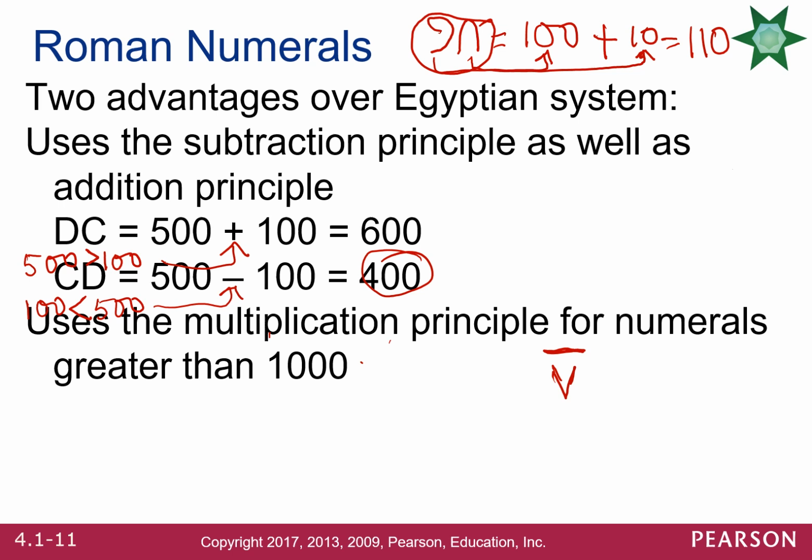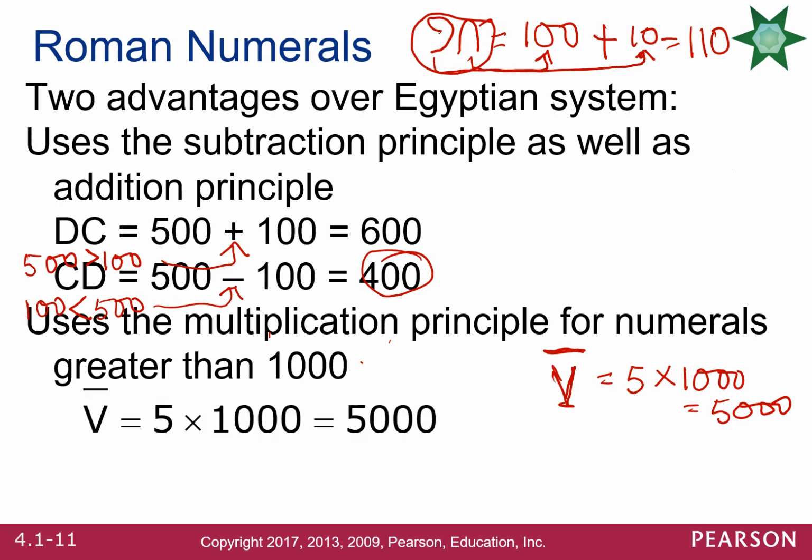So V bar means multiply by 1000. Multiply what by 1000? The value of V. So when we have something like V with a bar above it, then that implies 5 multiplied by 1000, which amounts to 5000. Let's quickly go over the examples provided here.